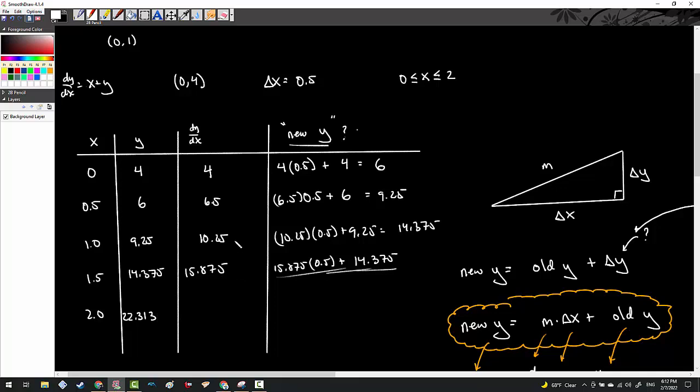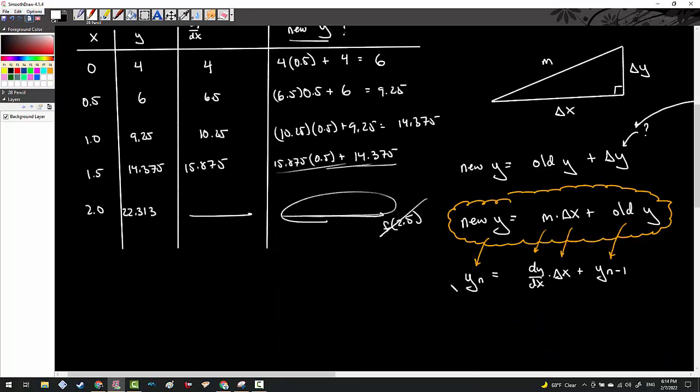And so what happens is this thing here does not move forward. We don't move forward because this answer right here would be f of 2.5, right? But we don't want that. We want f of 2.0. In other words, what this is saying is that f of 2 is approximately 22.313.